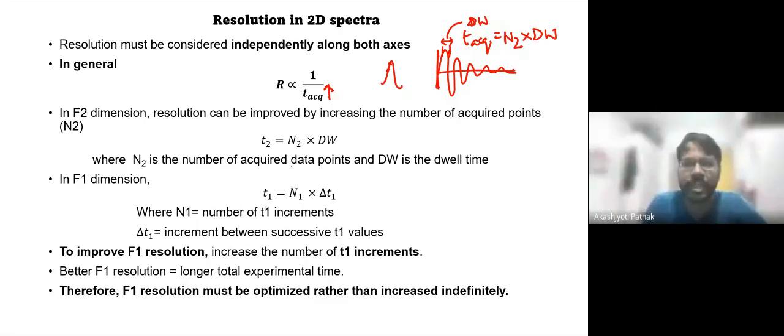So if you increase the number of acquired data points, and DW is the dwell time, then if you collect more data points, your acquisition time will increase, and as a result, your resolution will improve.